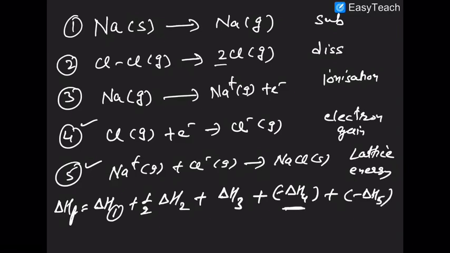In most cases it is energy released, but the enthalpy of formation in most ionic compounds is negative. It means in steps number 4 and 5 the energy release is more than the energy required.